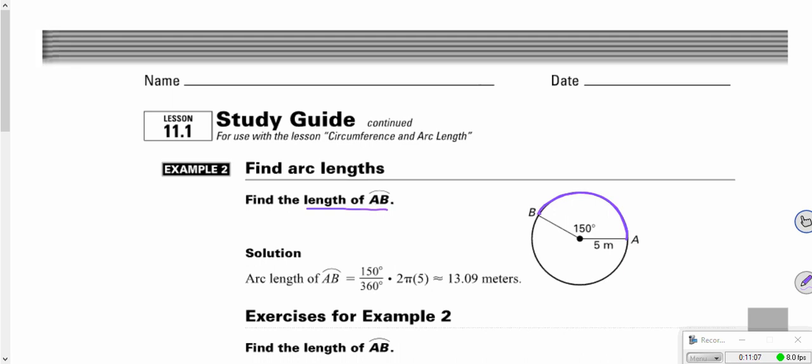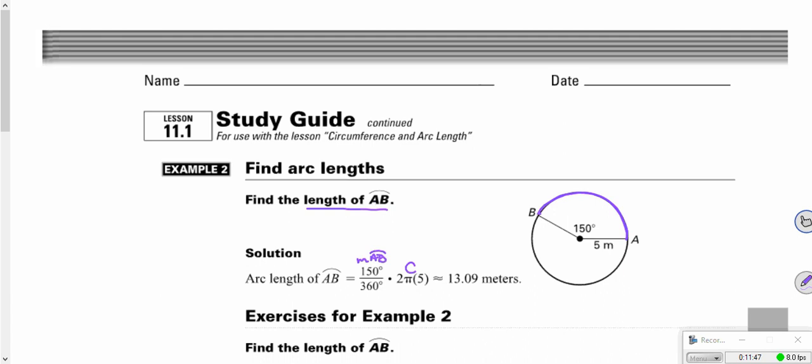In this case, notice the measure of arc AB, that central angle, is 150, over the angle of the whole circle, times the circumference. So this is the central angle or the arc measure AB. Over, this is the measure of a circle. The 360 we know is the degrees in a circle, times the circumference.